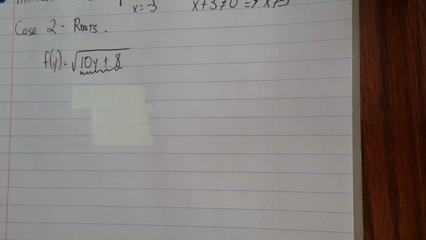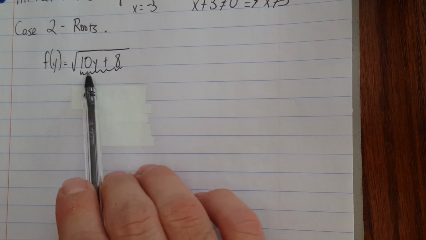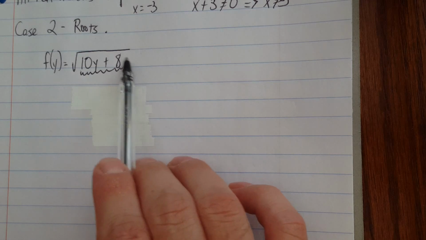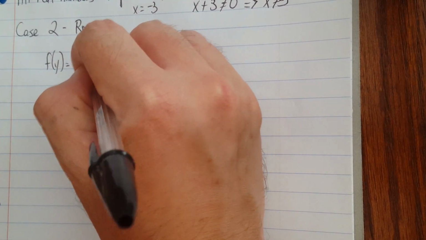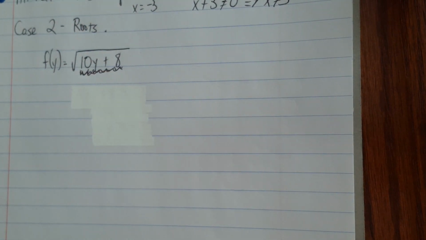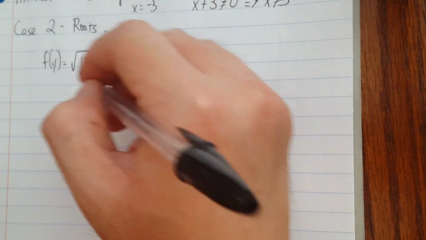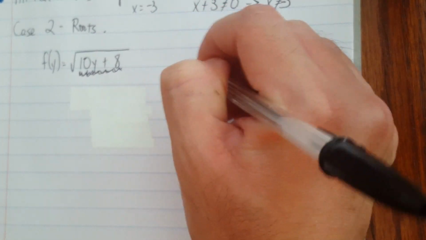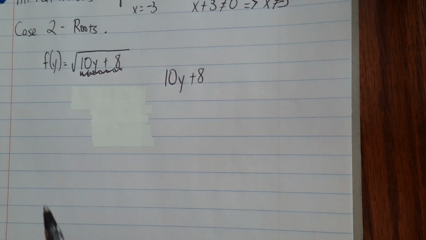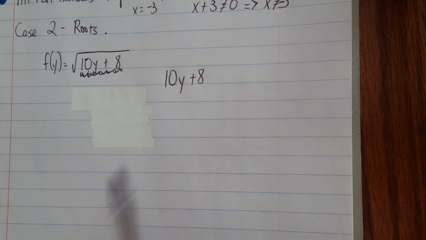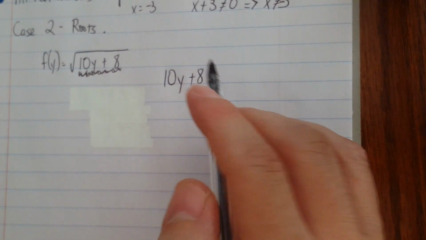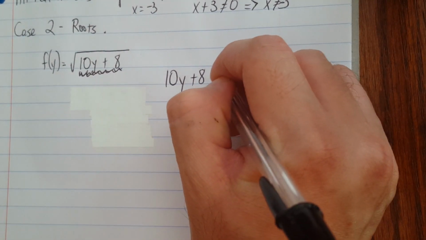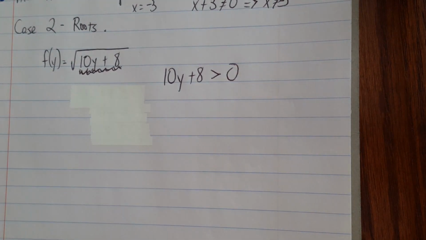Okay, so to do this, all you have to do is take whatever expression is inside the square root. That's why I started by underlining this. You're going to take it, 10y plus 8. Now, I just want to know, when is this expression going to be at least 0?